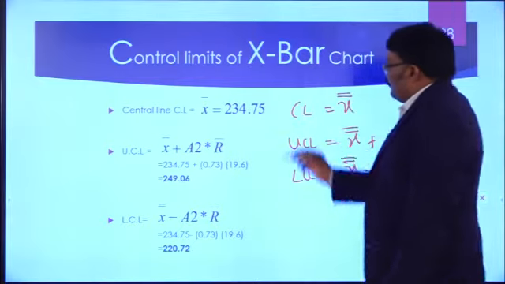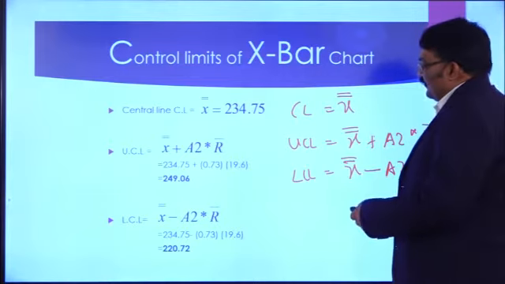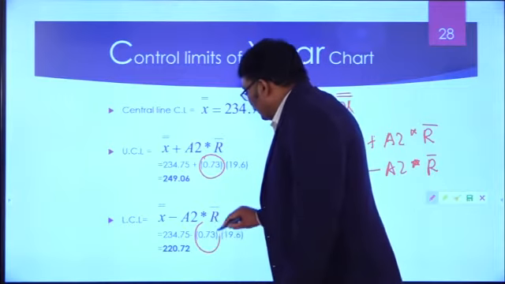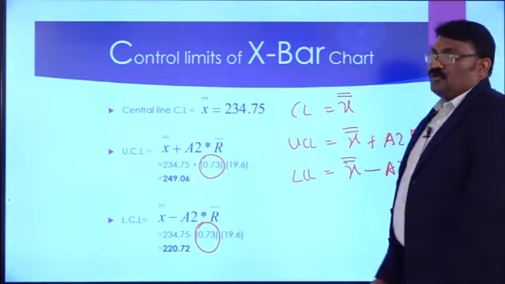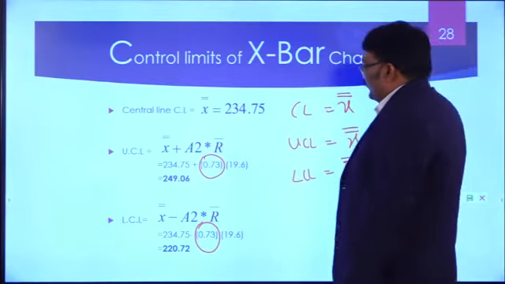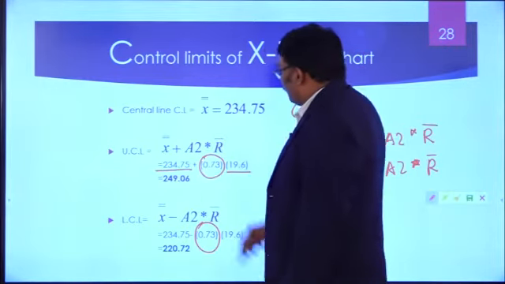Now when you apply the values, already in the question the A2 constant is given, 0.73. I will show you how to find it in the table. A2 constant is 0.73, R bar we have found already, x double bar we have found it.